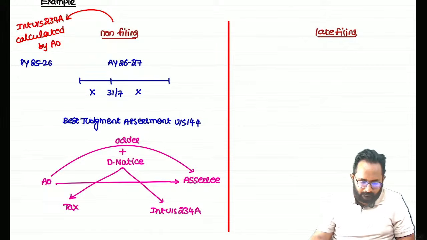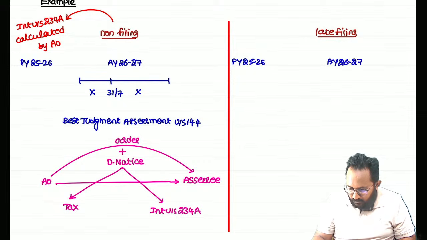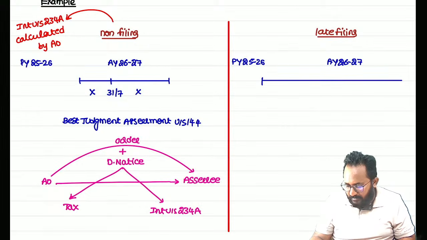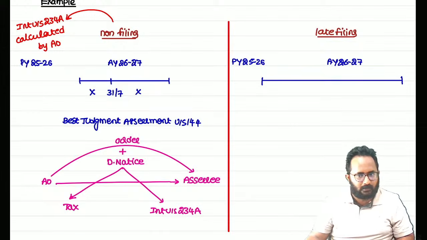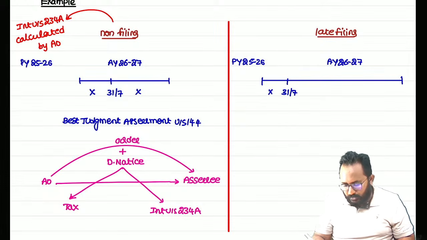Listen carefully. Here, you know, previous year 25-26. What is the assessment year? 26-27. Okay, I will take assessment year dates, because the total return of income assessment will happen in which year? Assessment year. Now, tell me, due date is 31st July, and you have not filed before the due date.